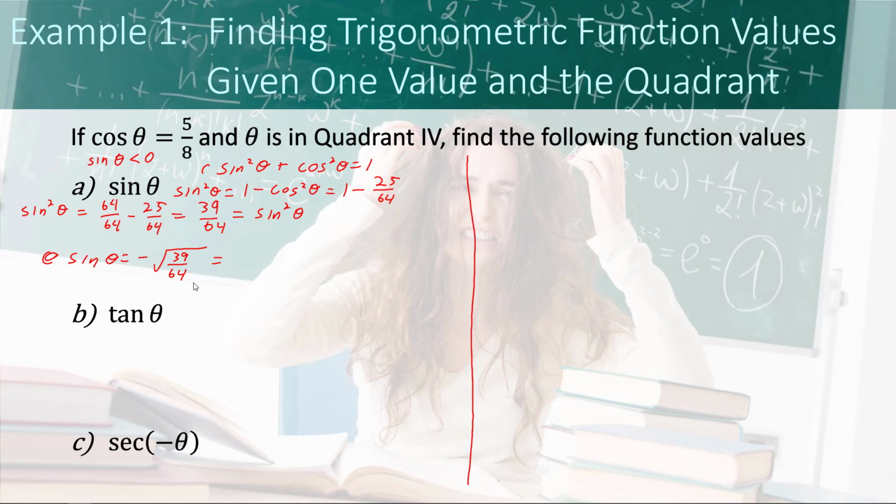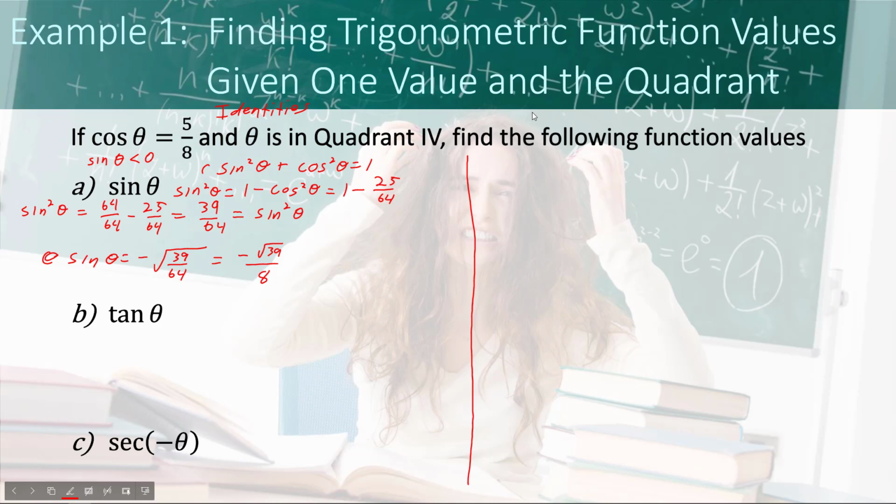Well, it turns out that the 39 can't be simplified. The only factors of 39 that I can think of are 3 and 13, both of which are prime numbers. So this cannot be simplified. So in the numerator, we're going to have negative square root 39, and of course the square root of 64 is 8. And that would be your answer using the identities. So on this side, we use the identities.